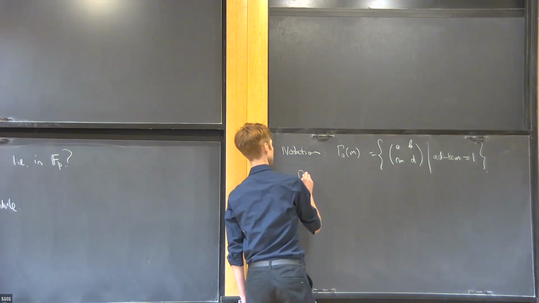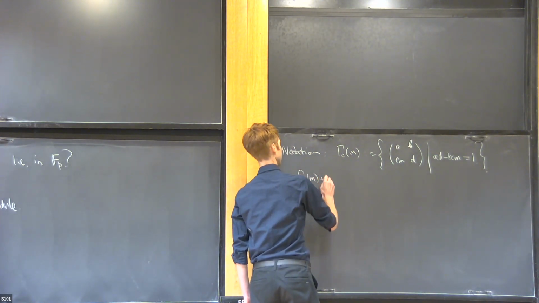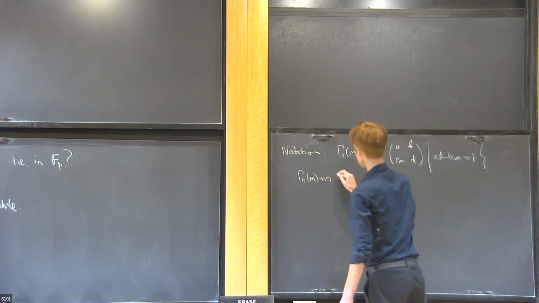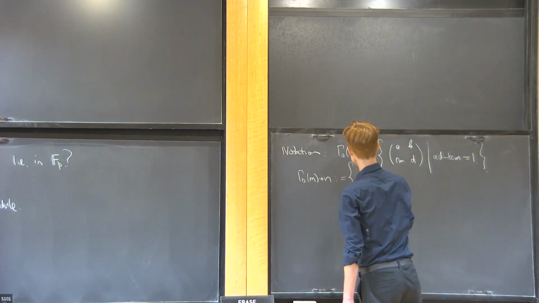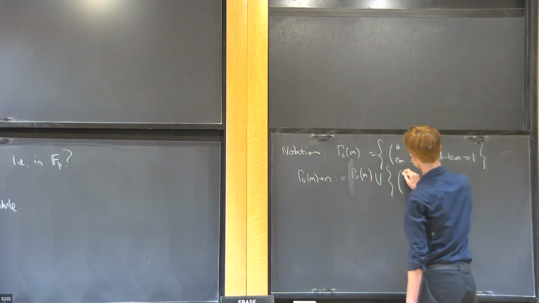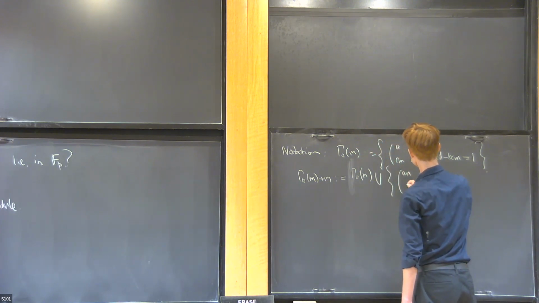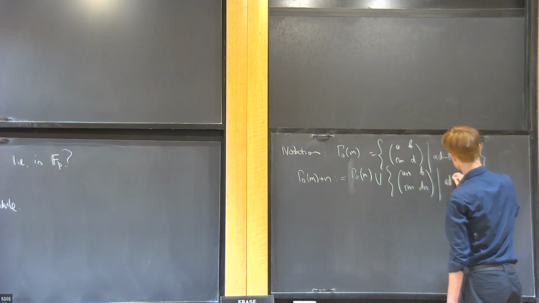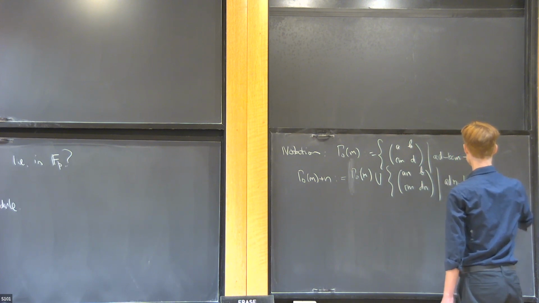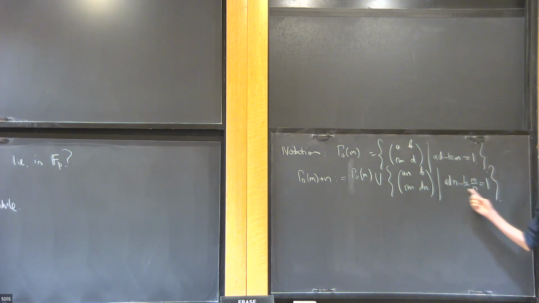I'm going to also use, for n an exact divisor of M, the extension of gamma naught M by the corresponding Atkin-Lehner involution. So this is gamma naught M union matrices of the form (aN, b; cM, dN), where adN minus bcM over N equals 1. And this explains what exact divisor means.